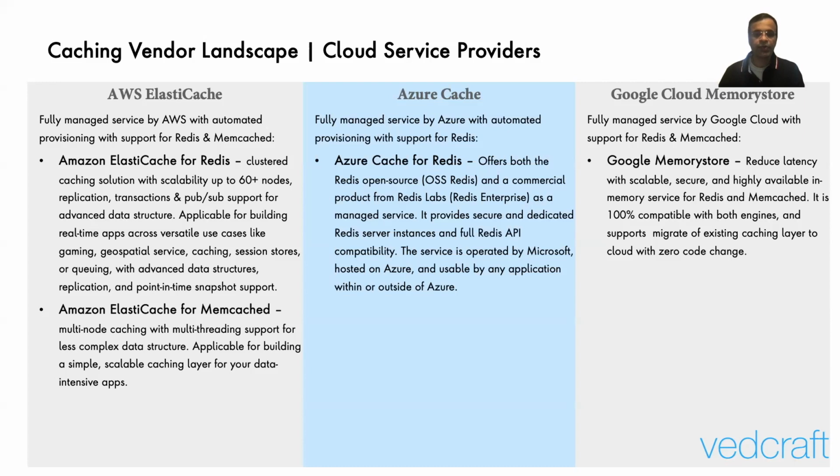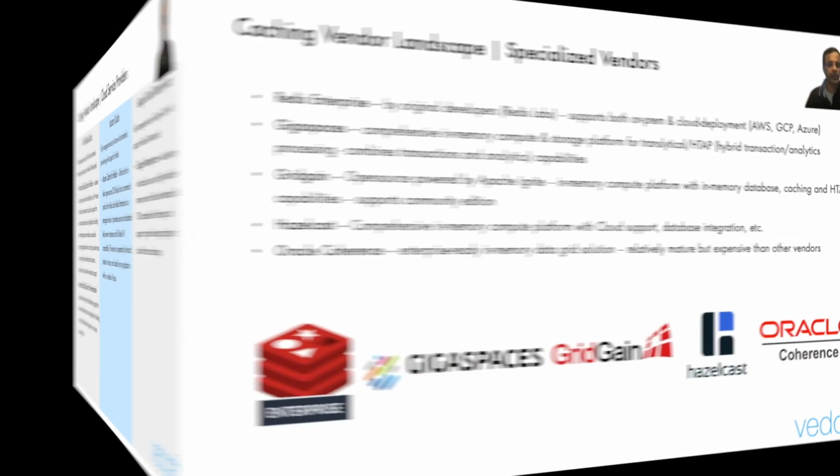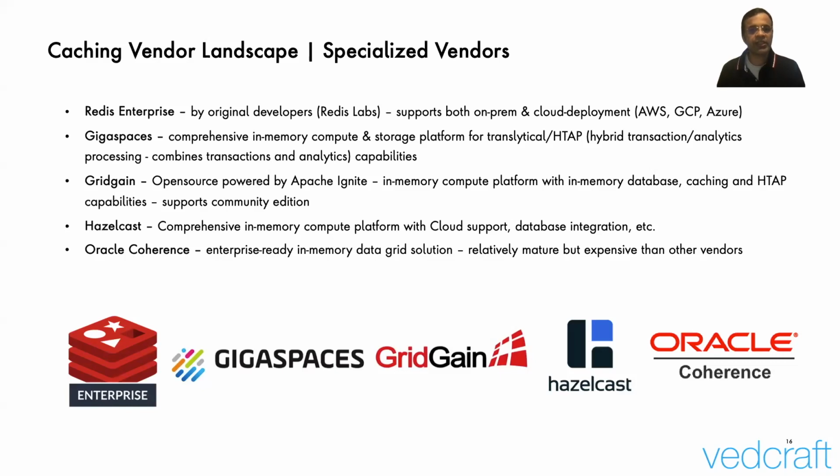Azure does the same for Redis and Memcached. And Google Cloud also has Memorystore, which provides a managed service. So if you don't want to manage the infrastructure overhead yourself, you can use one of these cloud service providers' offerings for your application.